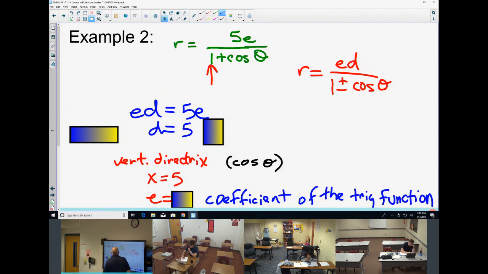So in this case, there's just an invisible 1 there. This is 1 cosine theta, so e is going to be 1.